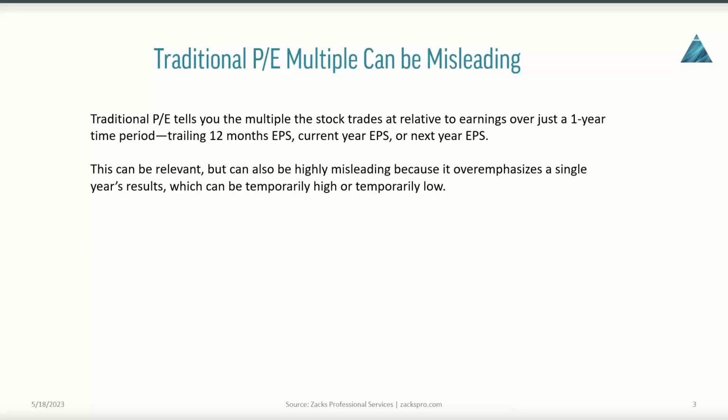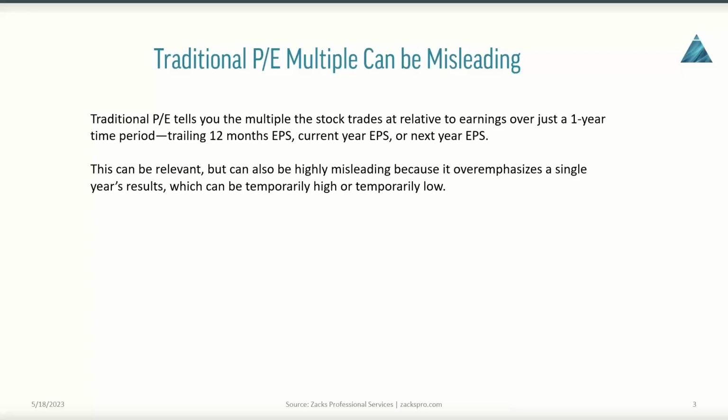So remember, companies can go through both periods where growth is coming in far above trend, and that would overstate earnings temporarily. And you can also go through periods where companies are generating earnings growth well below trend.